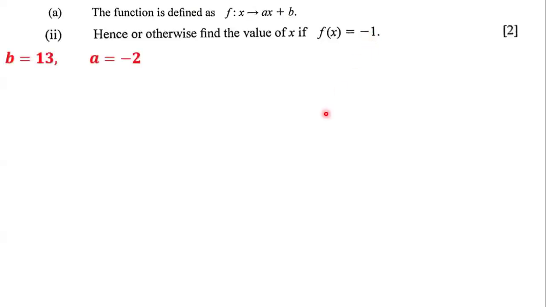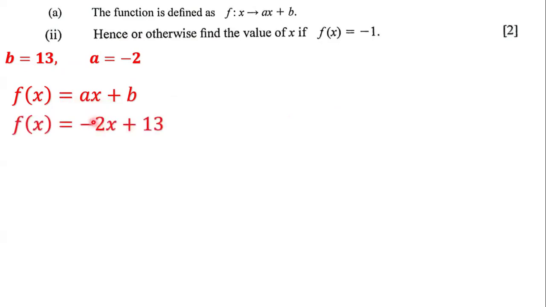Now, what is f of x? We know that b is 13 and a is negative 2. So f of x, defined as ax plus b, is negative 2x plus 13.